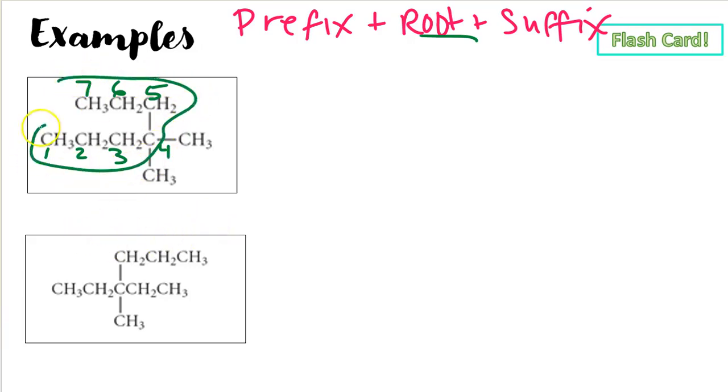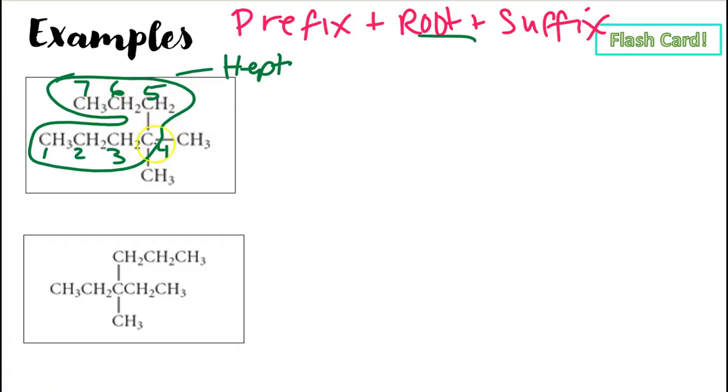So this entire chain will be considered our parent chain or our root. So 7 carbons is going to be hept. Now, the next thing we want to do is figure out our suffix. For the suffix, we're asking ourselves, what family or what group is this organic compound a part of? I look here, I see only single bonds. I see only carbon-carbon and carbon-hydrogen bonds.